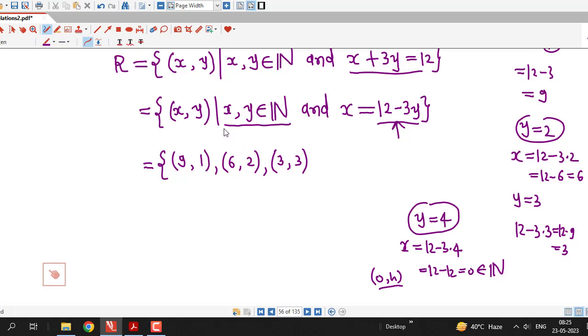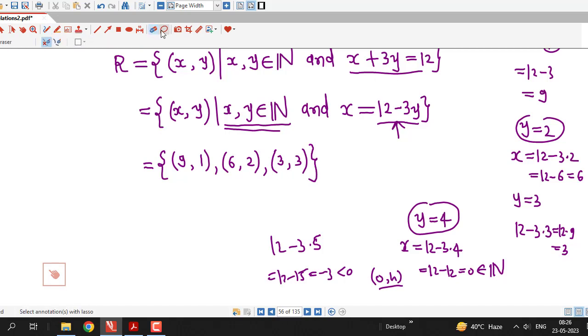Here we have to take care that in the ordered pair (x, y), x and y are natural numbers. Now if I take y equal to 5, then I will have a negative integer. Y equal to 5 will give me 12 minus 15, that is minus 3, which is also not a natural number.